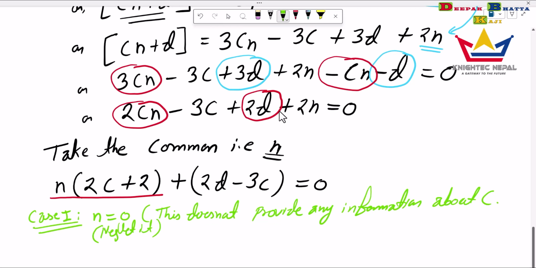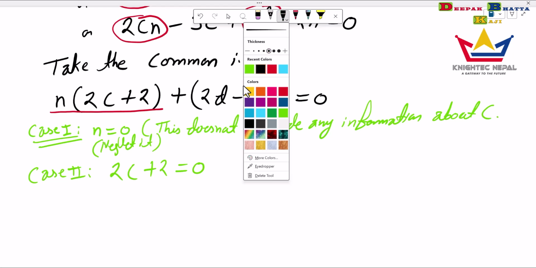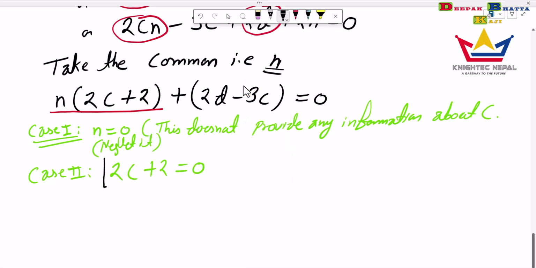And case 2, we have 2C plus 2 equals to 0. So we will use the case 2, that is 2C plus 2 equals to 0.